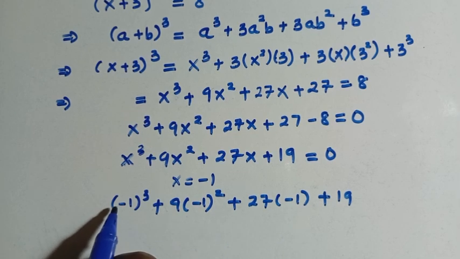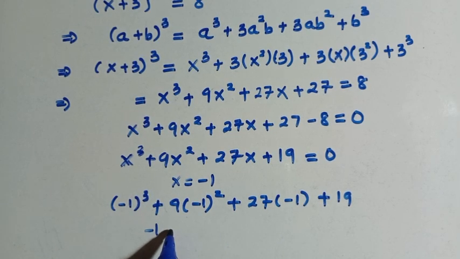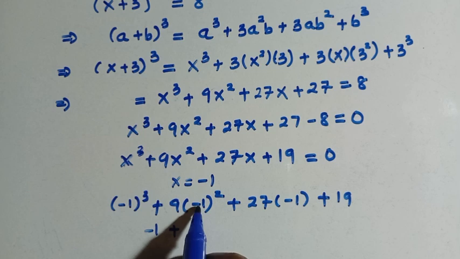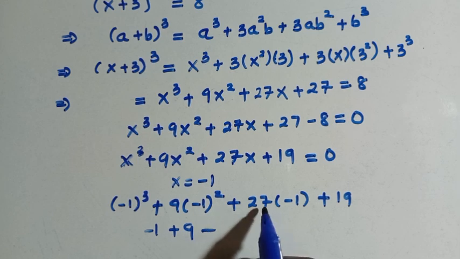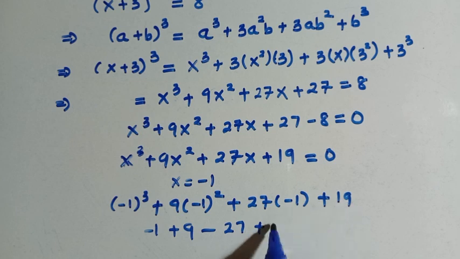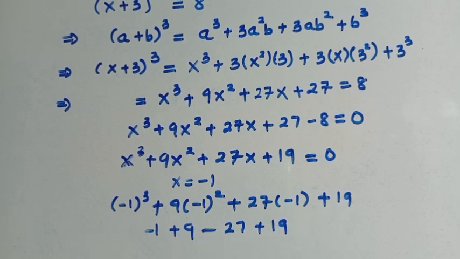0. So (-1)^3, that is minus 1, plus (-1)^2 is plus 1, 9 multiplied by plus 1, that is 9, 27 multiplied by minus 1, we have minus 27 plus 19.